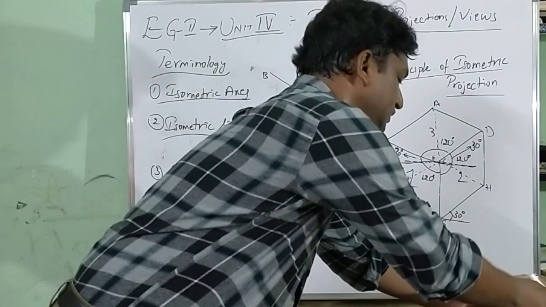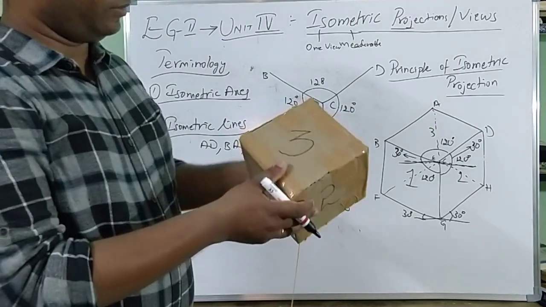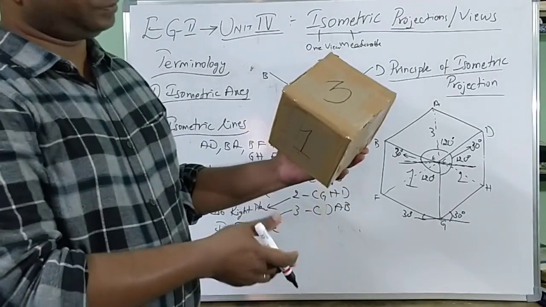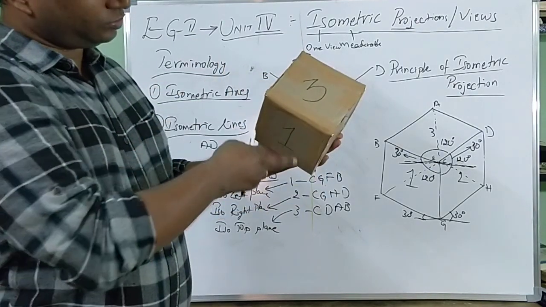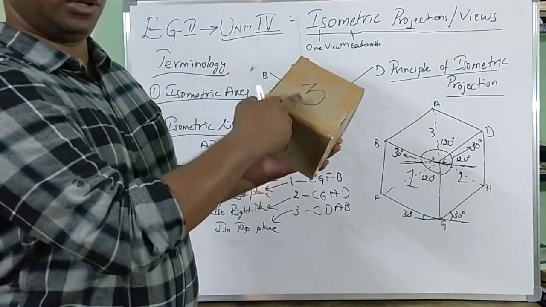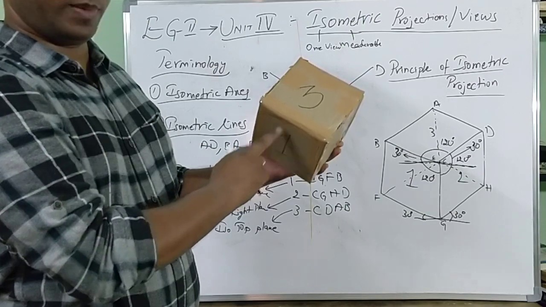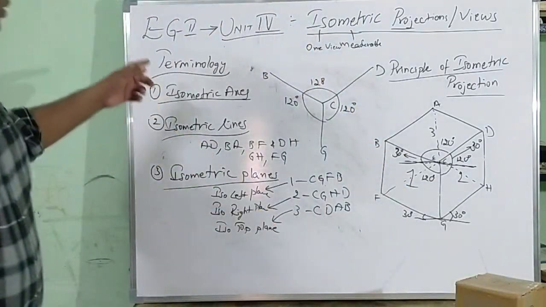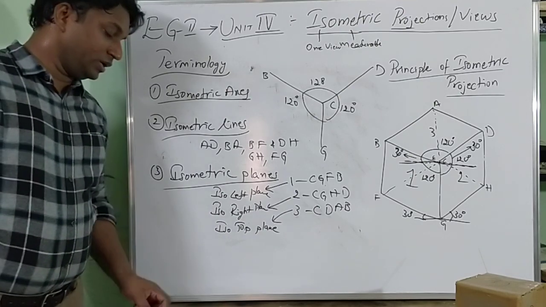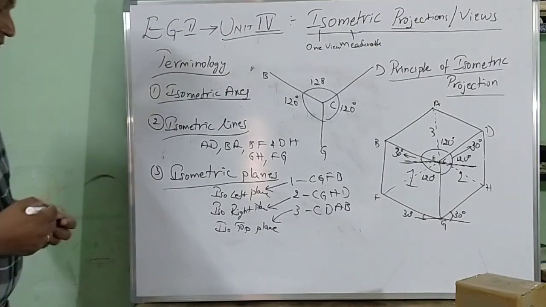Hope you all understand the terminology. I have taken this particular location, and now we have drawn this. From your view, this is the left plane, right plane, top plane. That's why it is called iso left plane, iso right plane, iso top plane. These are the three terminologies which are very important for us in solving the problems.